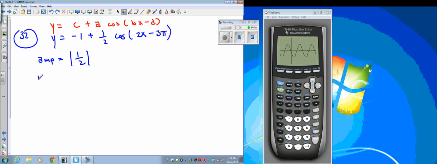And then we do period. The period is 2 pi over b, so this is 2 pi over 2, which is pi. And then what's the next thing? Did I do a vertical shift?